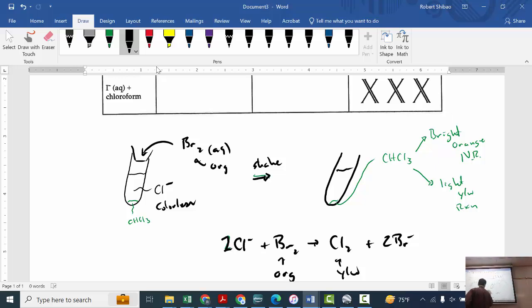And so if we have a reaction here, then we should form yellow chlorine, and the orange color of bromine will fade away. If there's no reaction here, then the orange color stays the same for bromine, and we'll just extract the bromine here. So here we could see visually if a reaction occurs or not.